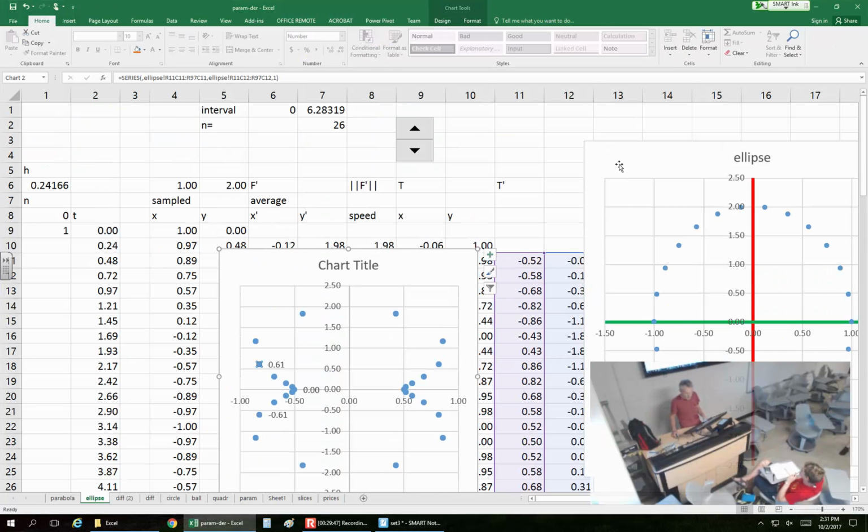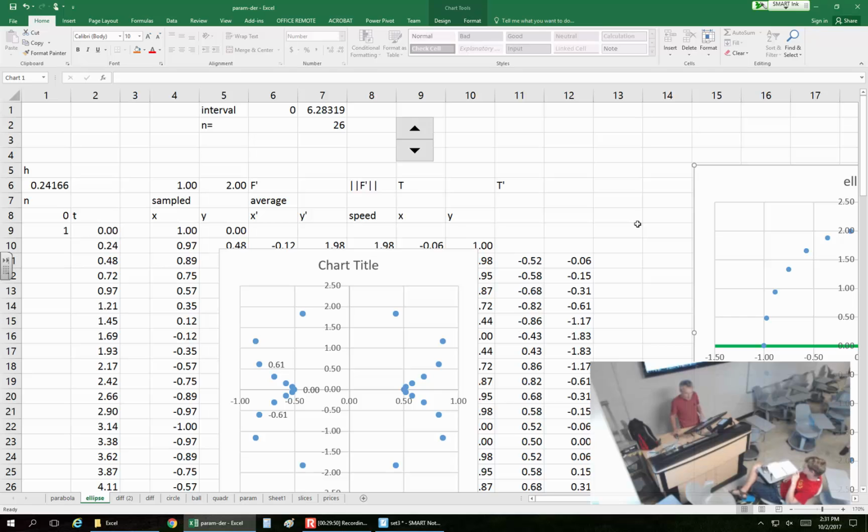So I'm putting curvature right here. I'm taking the magnitude of this vector, T prime, so it's equal to the square root of this squared plus that squared.